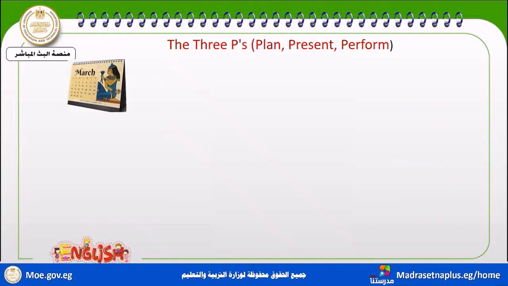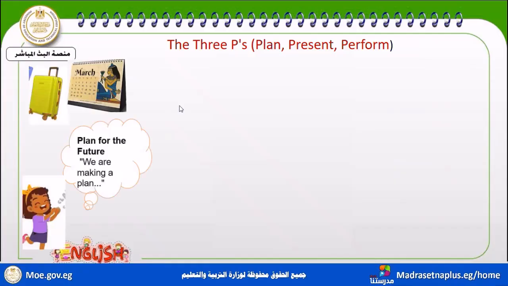So, as we have just mentioned, we have three P's we express with going to. We have the plan, and we have to present our plan and to perform our plans. Look here, what can you see? You can see a calendar, and this is for March, and it's a calendar about Egypt.